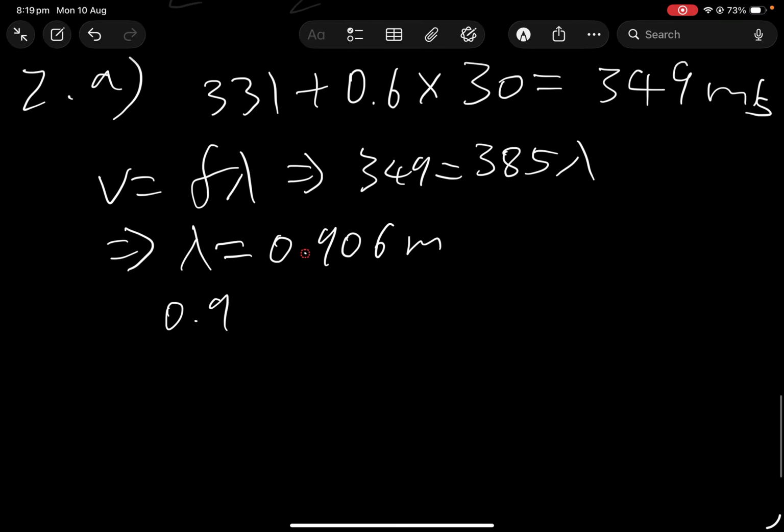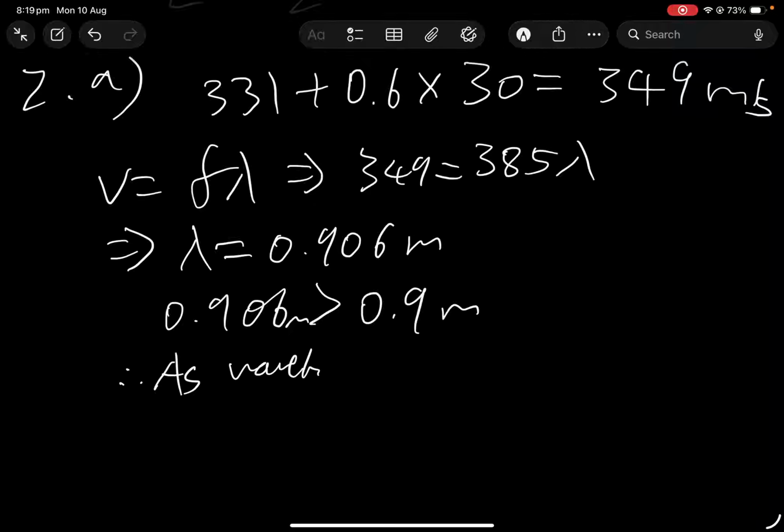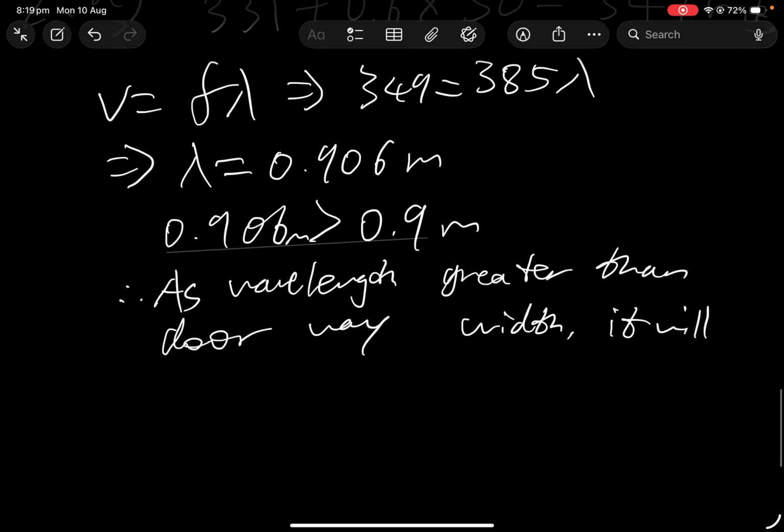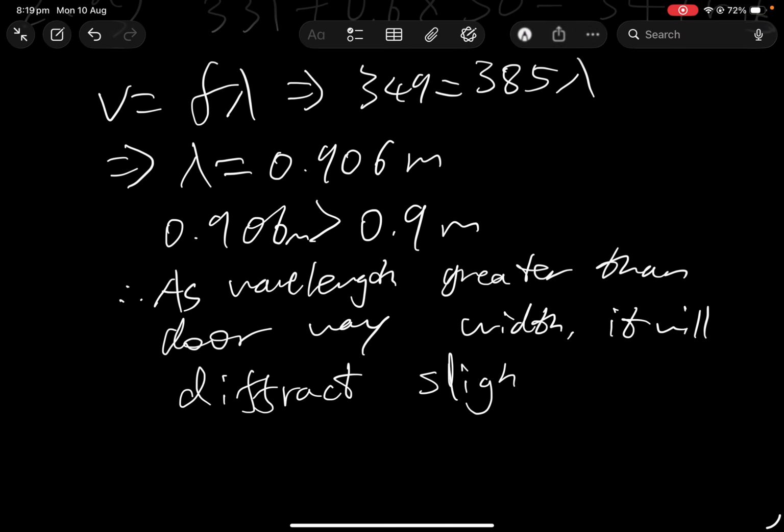And 0.906 is bigger than 0.9 meters of the doorway, which means as the wavelength is greater than the doorway width, it will diffract, kind of slightly, I would say, because it's only a little bit bigger.